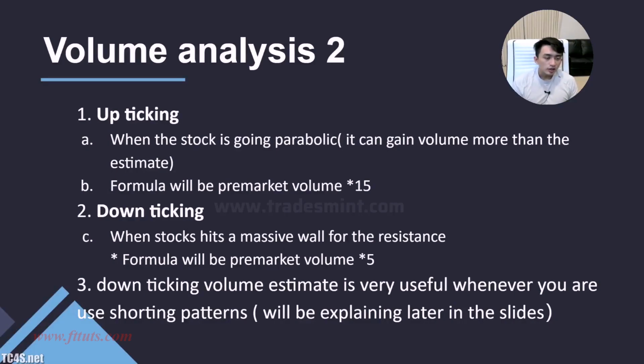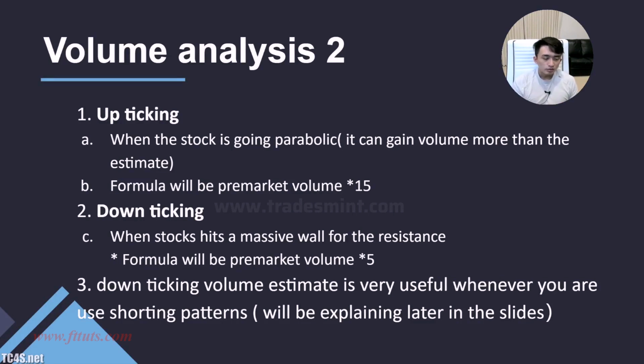So in this case, I would use the formula pre-market volume times 15. If the stock is upticking in the pre-market, going parabolic in pre-market, and also going parabolic after market open, using the formula pre-market volume times 15 is going to be more accurate compared to the S1 equation. Now, the same thing goes to the downside.